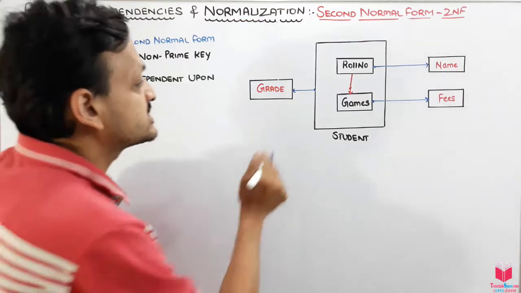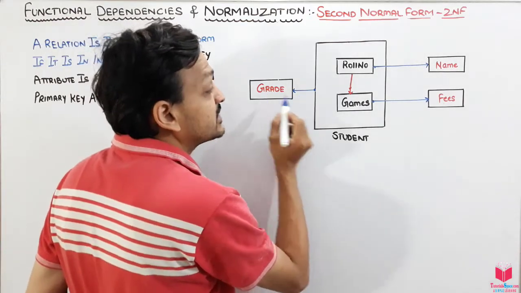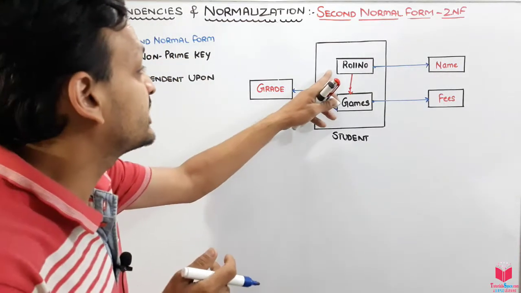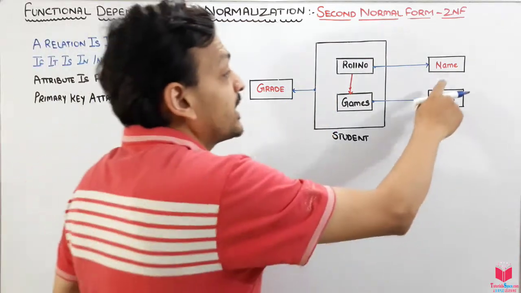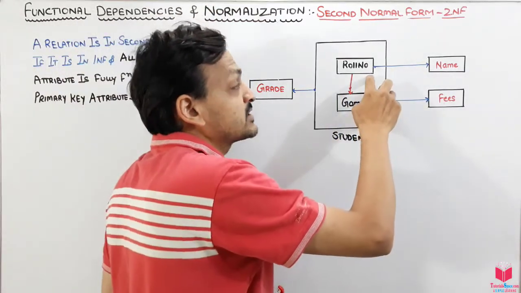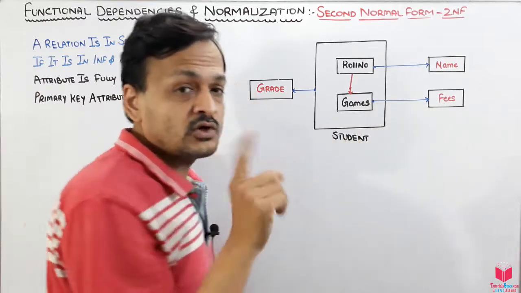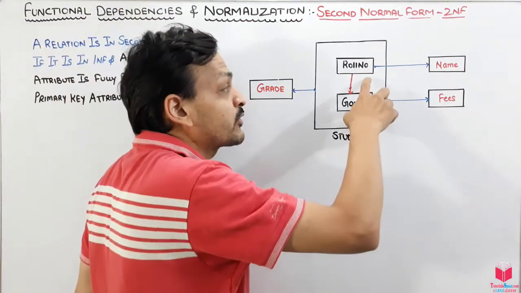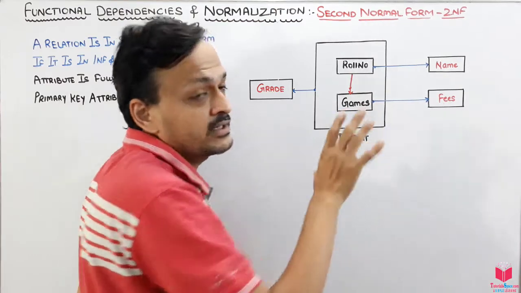Okay guys, so that is the fully functional dependency. Grade is fully functionally dependent upon all the prime key attributes, that is roll number and games. But name is not fully functionally dependent because it only requires roll number. Fees is not fully functionally dependent, it is partially dependent because it does not require roll number to be there, it only works with games.